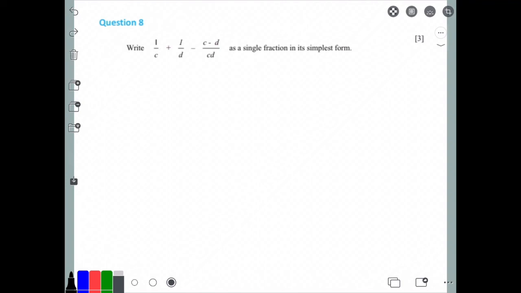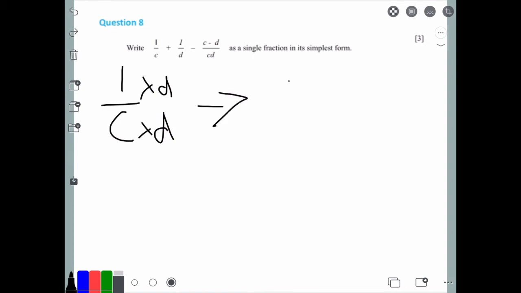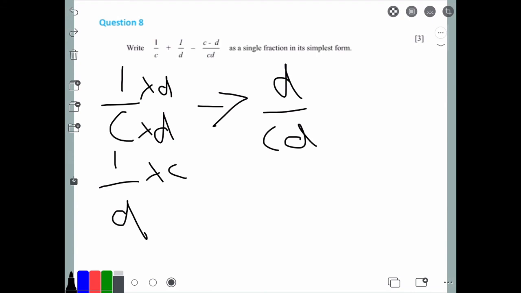In this case, we can multiply both sides of 1 over c by d to get d over cd. We can also multiply both sides of 1 over d by c to get c over cd.